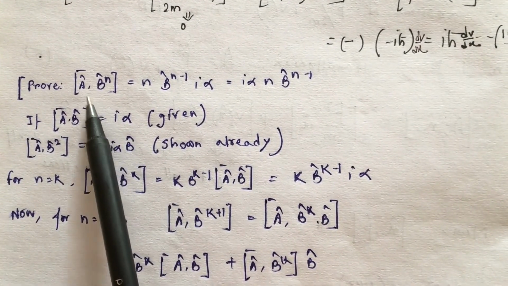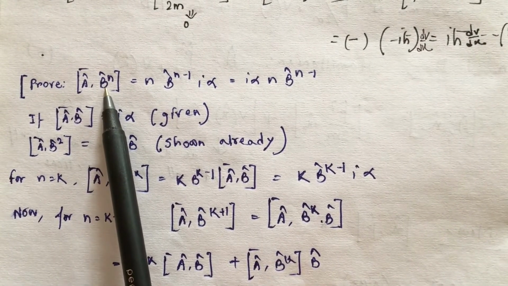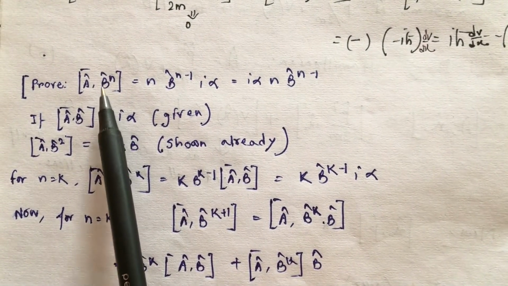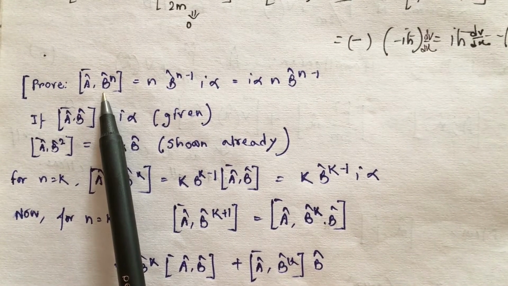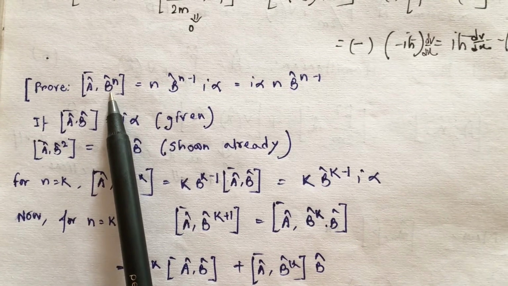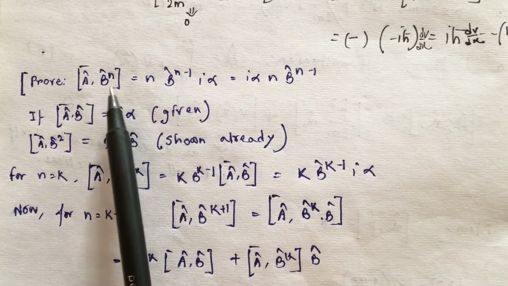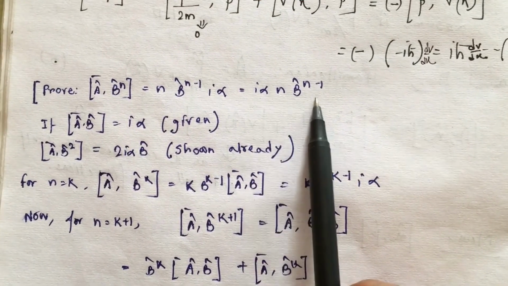Now the relation is the commutator of A with B to the power n. Now this B to the power n is just any polynomial of B, like a function of the B operator, and this commutation relation will be this one.